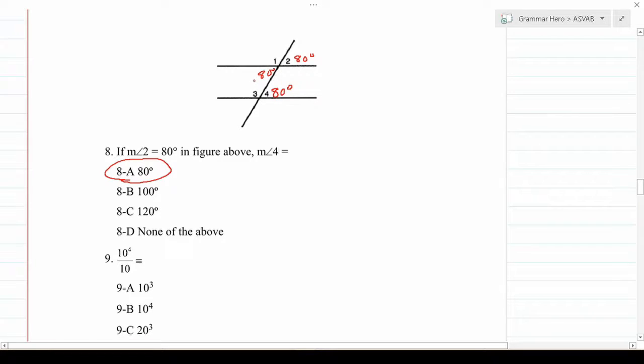If you found it difficult, there's no other explanation I can give you other than that these are corresponding angles. I use the definition of corresponding angles to find this angle, and then I use the definition of alternating interior angles to realize that these two were equivalent. So this is a pure geometric problem.